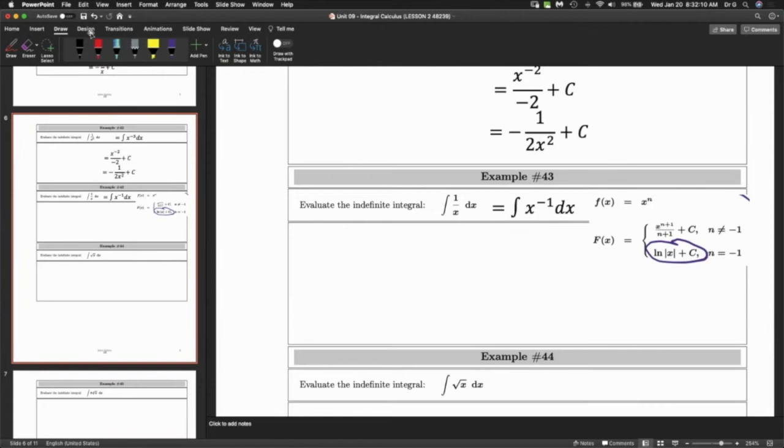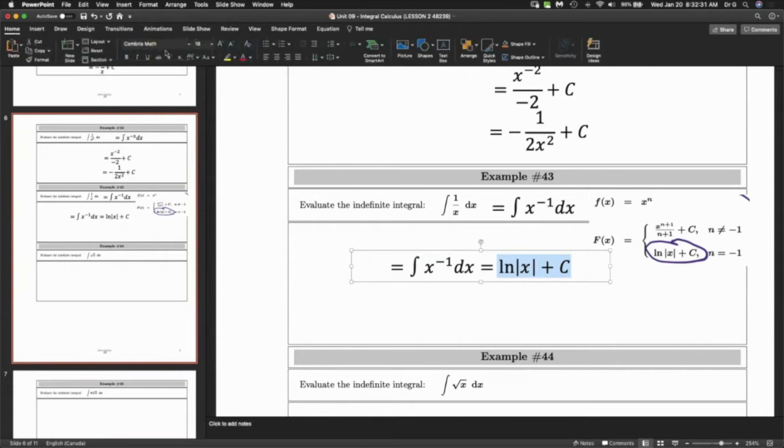So for this very special question, the answer is going to be ln |x| plus c. It's the only time in all of the antiderivatives and integrals that the answer is ln, in terms of the examples that I'm covering.